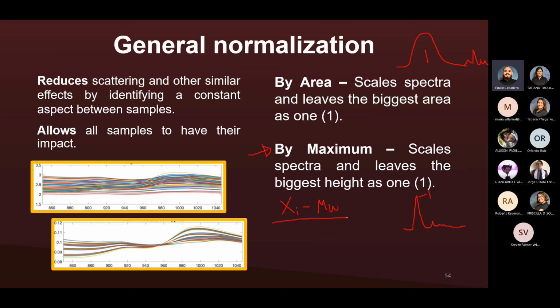Then you divide that by the maximum minus the minimum. Once you do that, you will have your spectra going from 0 to 1, which is fairly useful.